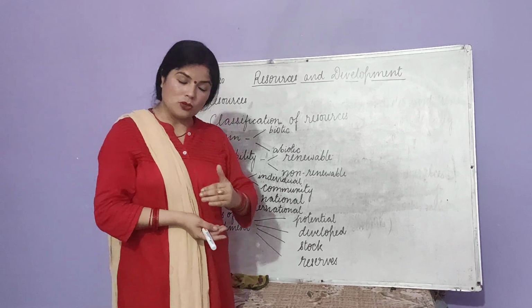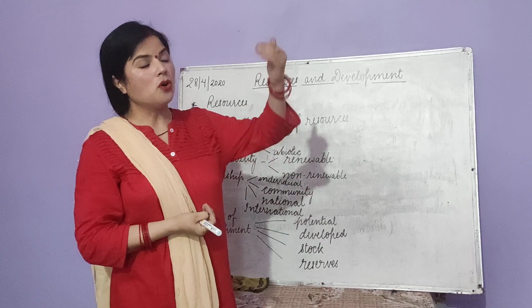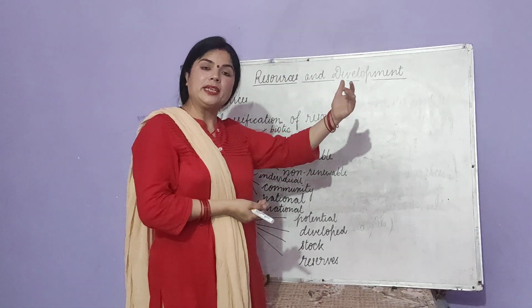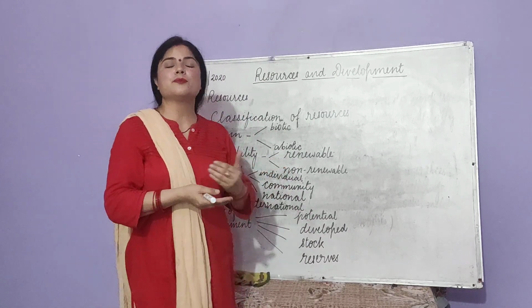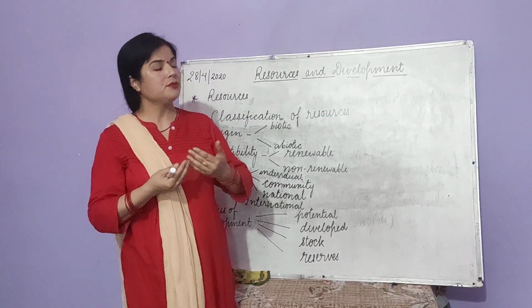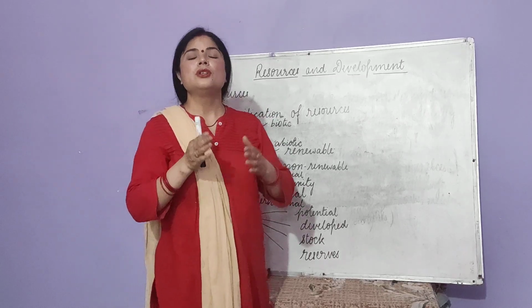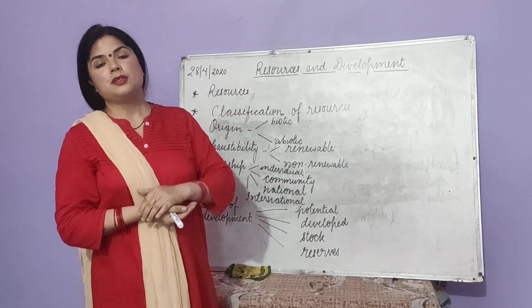Why? Because we have reserved these resources for use in the future or for the coming generation. Really, this is our moral responsibility that we should use these resources in such a way so that we can preserve something for our coming generation.